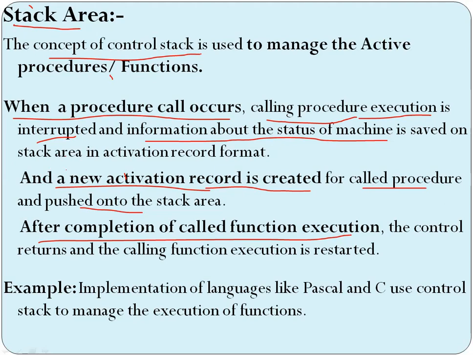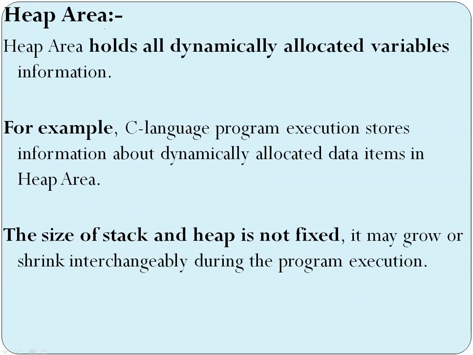For example, the implementations of languages like Pascal and C use this control stack area to manage the execution of functions. Next, last one, heap area. Heap area holds all dynamically allocated variables information. For example, in C language we allocate memory using malloc and calloc functions.